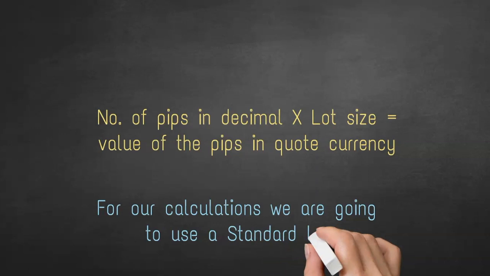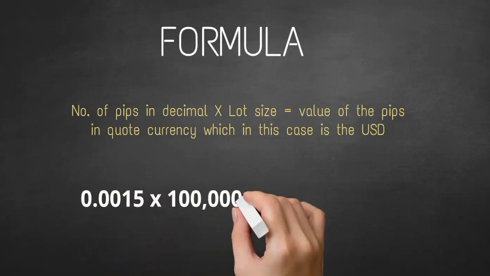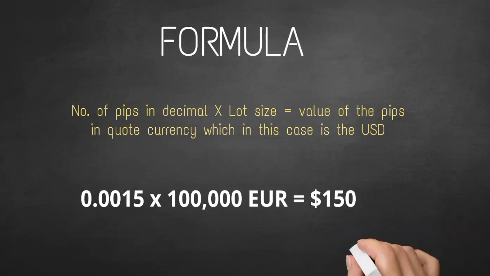So for our calculations, we're going to use a standard lot, as I said before, just 100,000 units. So in this example, 0.0015 multiplied by 100,000 euros will give us $150.